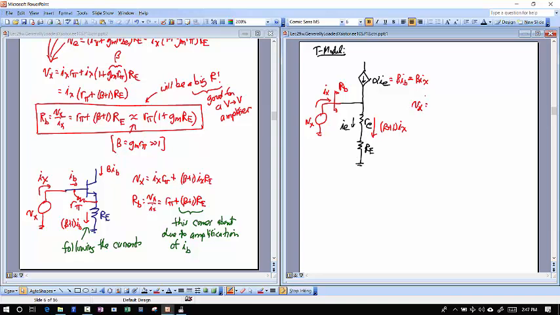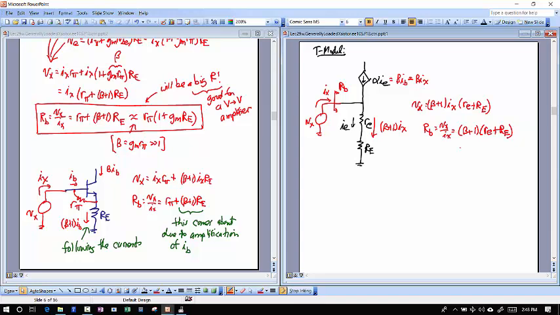That's equal to the total current going through it, which by the time it hits the emitter is beta plus 1 times Ix, times little RE plus big RE. So I can rearrange this to say that RB is equal to Vx over Ix, which is just beta plus 1 times little RE plus big RE. So that's another form of this now.